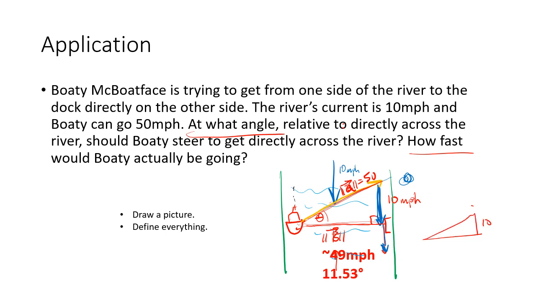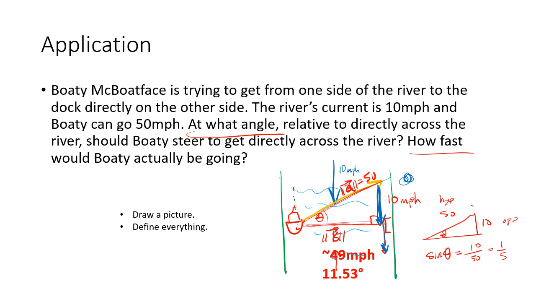If we have two sides of a right triangle, we can definitely find the third. We can use the Pythagorean theorem, or we could even do it another way. With respect to this angle theta, we have the opposite side and the hypotenuse. So the sine of angle theta is equal to 10 over 50, or just 1/5.